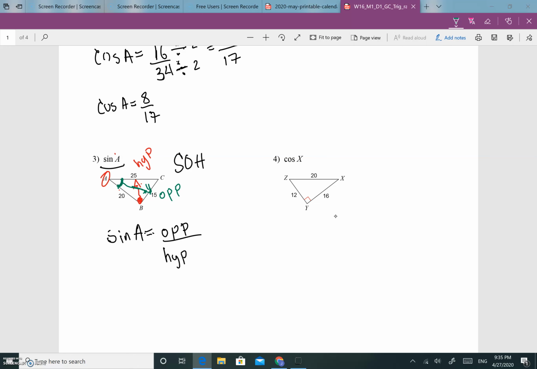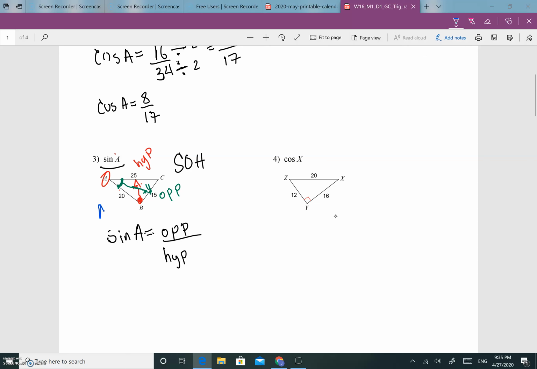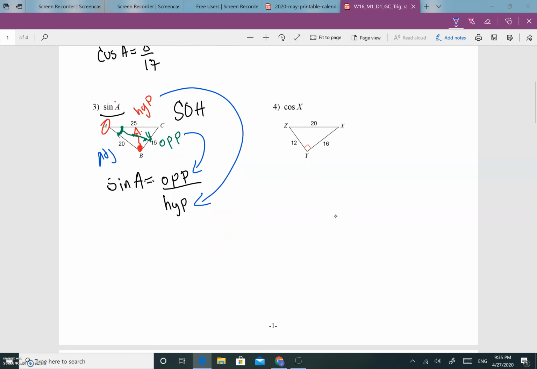And then the last one that's left is going to be my adjacent. So now which ones do we need? Well, we need the opposite and the hypotenuse. So the opposite is going to go here, and the hypotenuse is going to go here. So let's write down our answer.